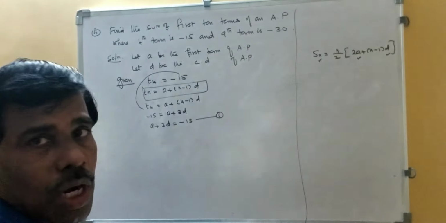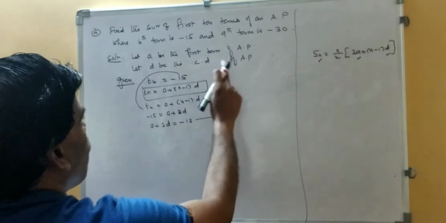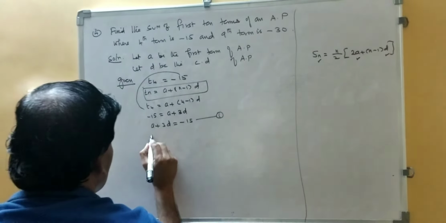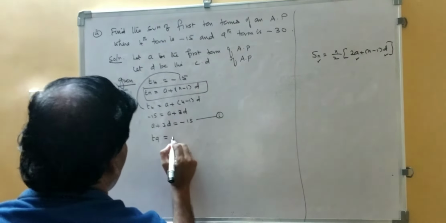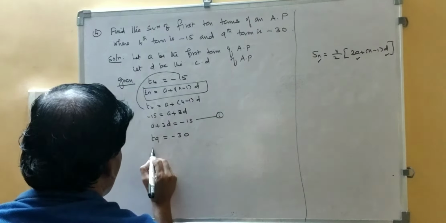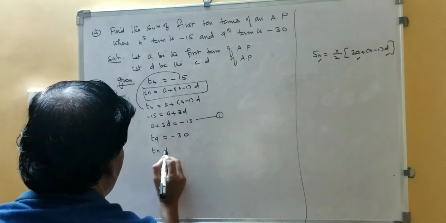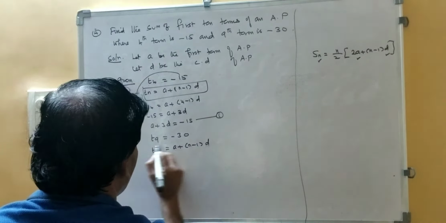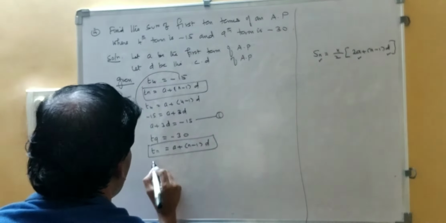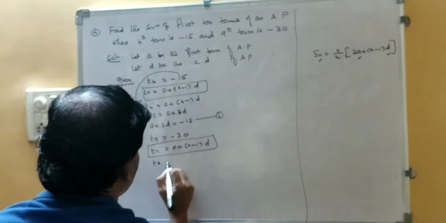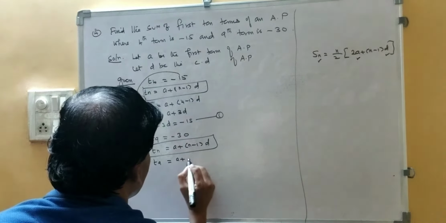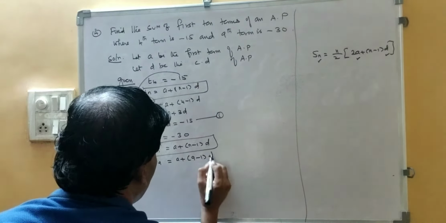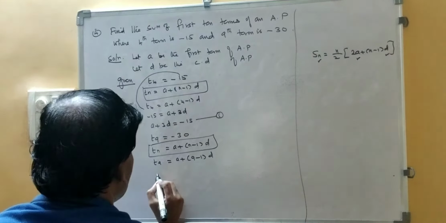Like the previous sum only we are doing it. Now second one. What is T9? T9 equal to minus 30. So Tn equal to A plus n minus 1 into D. You have to always write. Then only you will avoid mistakes. A plus 9 minus 1 into D. So what is T9?